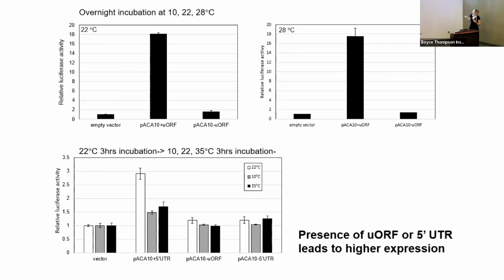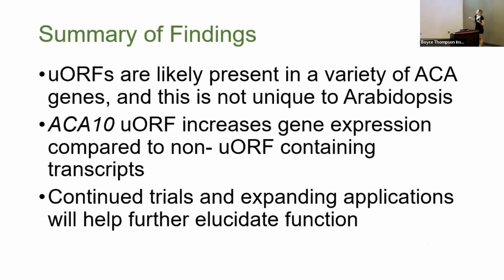So I can't draw any conclusions based on temperature. The results were a bit difficult to interpret. However, in terms of the presence of the uORF or 5' UTR, it very clearly does lead to a higher level of expression.